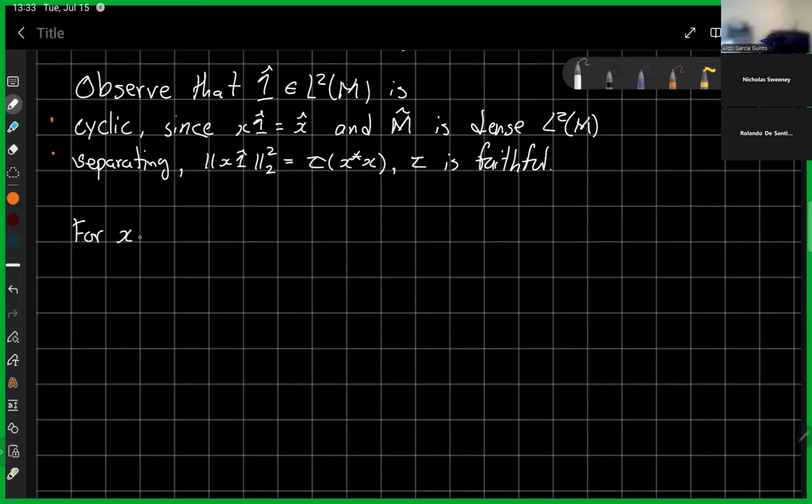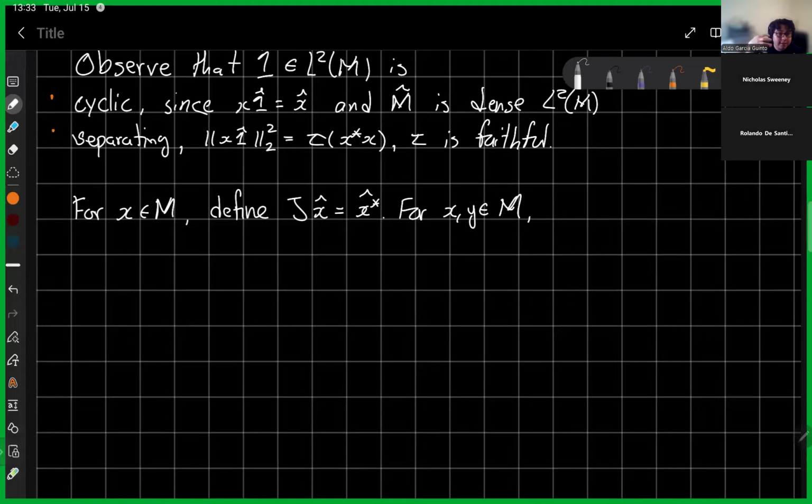So for X in M, define the map X goes to X hat. We're going to show that in M hat, this is going to be conjugate linear. So let's look at what it does to regular vectors, J. So this is going to be X hat star, Y star hat.